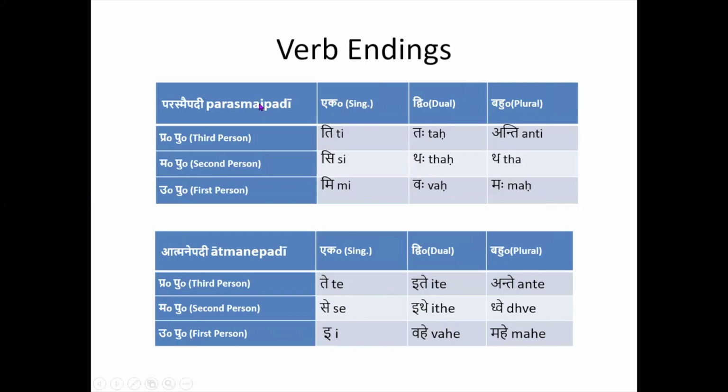So these are the parasmaipadi endings which we saw: ti, tah, anti, si, thah, tha, mi, vah, mah. And the atmanepadi set of endings is te, ete, ante, se, ethe, dhve, e, vahe, mahe.